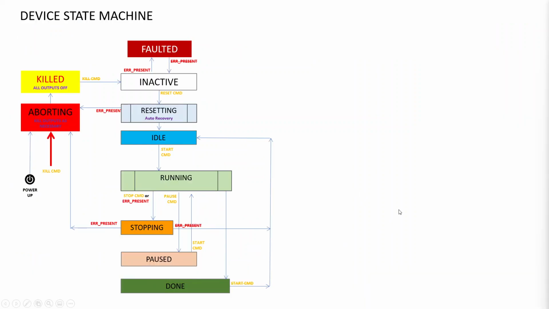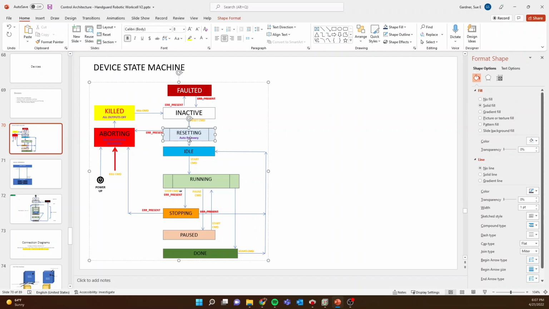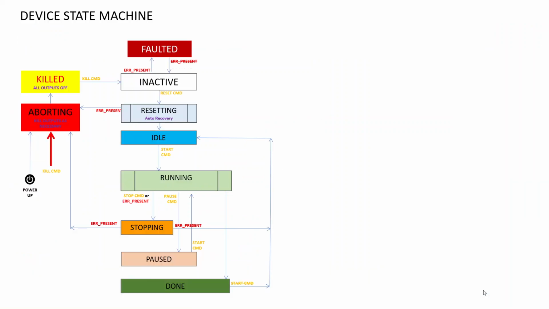So in a stop command scenario, we transition to the stopping state. In a stopping state, generally we are stopping or turning off some of our outputs.